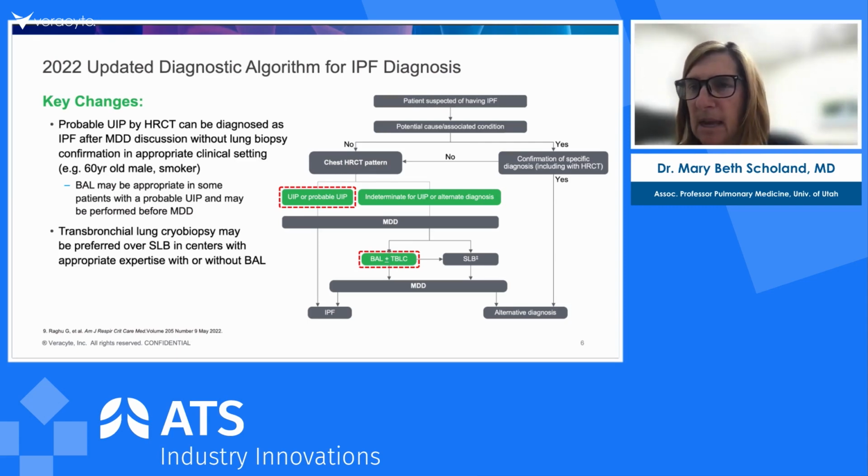Sometimes we think about a BAL to help augment our information, and this may be also something we would consider in the setting of a multidisciplinary discussion. But this is to say that the role of the probable UIP CT scan has taken a higher priority now. We can understand how that fits in the full spectrum of understanding interstitial lung disease and IPF diagnoses.